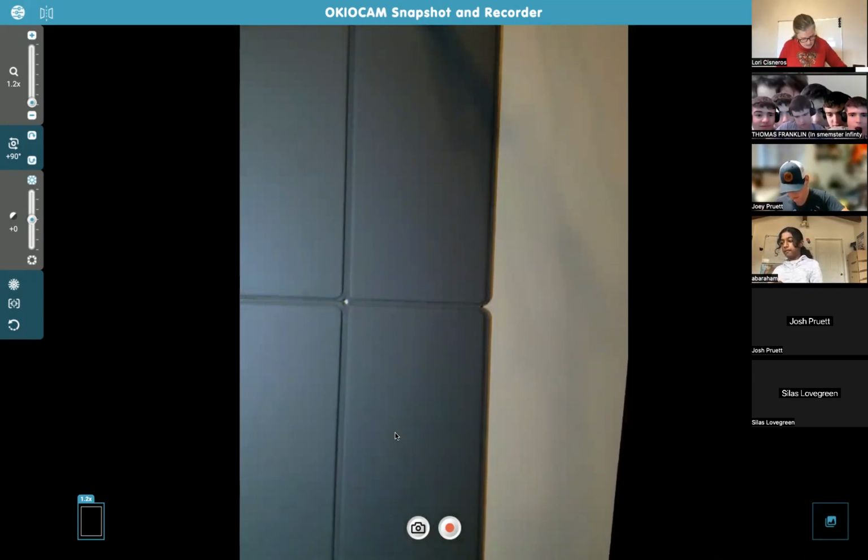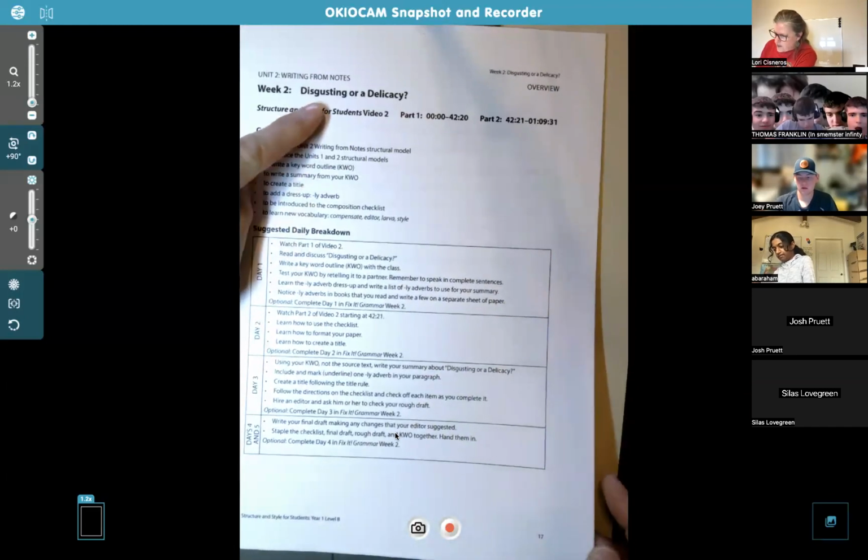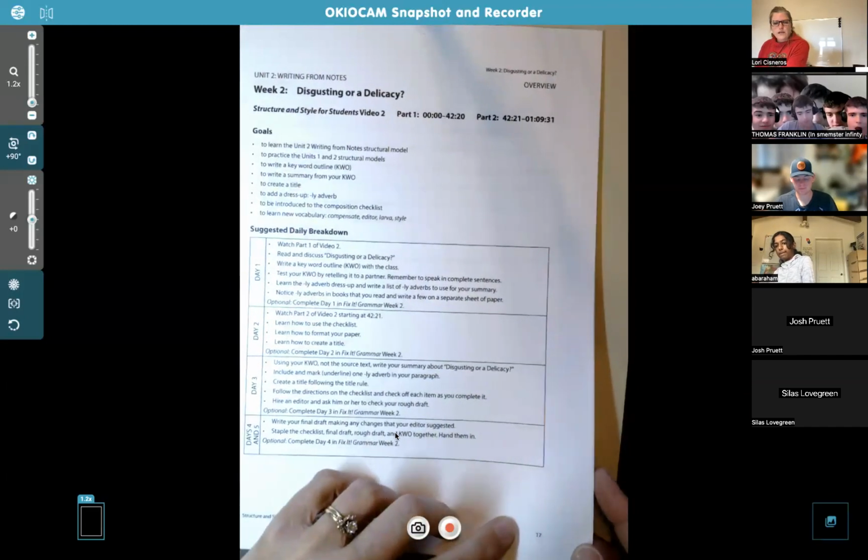Pages 17 to 25. It should be these pages. It says disgusting or delicacy at the top, week 2. That's page 17.